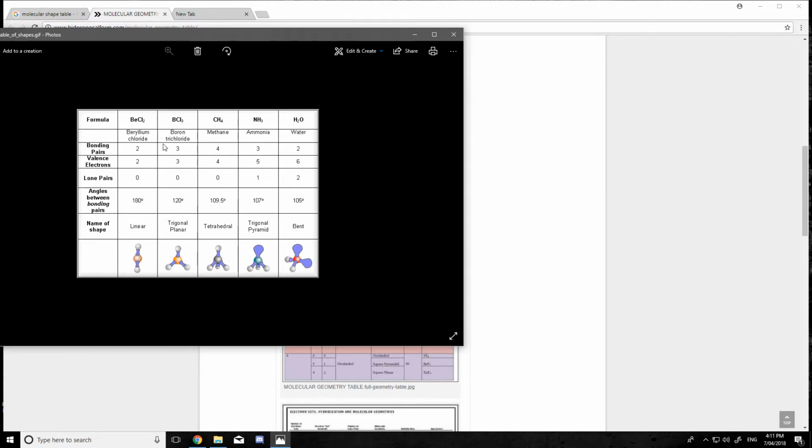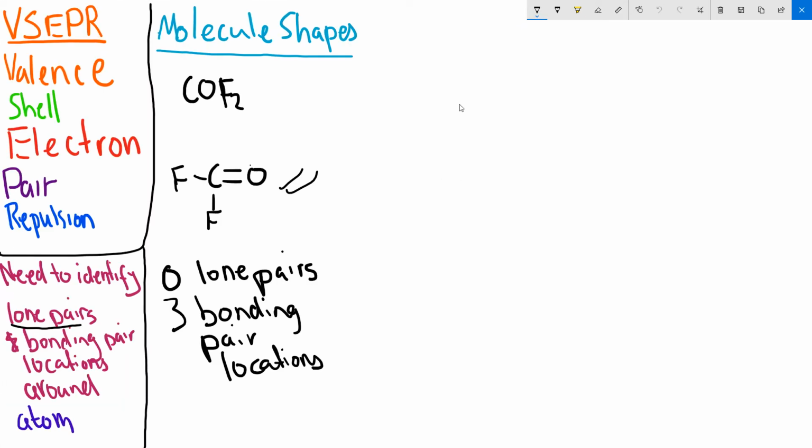So I need to match up my information with this table and determine that this is a trigonal planar molecule.